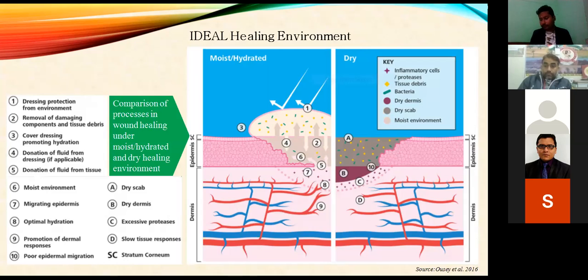It should provide an artificial extracellular matrix where all the cells, cytokines, and growth factors can adhere and accelerate the wound healing. The environment should be moist, but not too moist, meaning it should have the optimal water for the transport of nutrients and for healing. So, next slide.